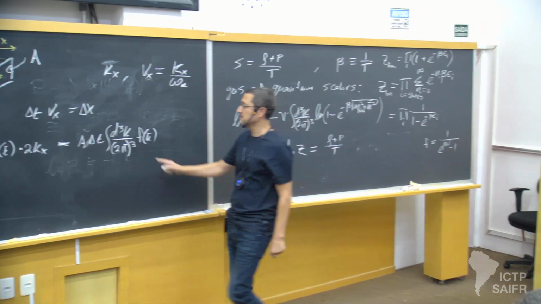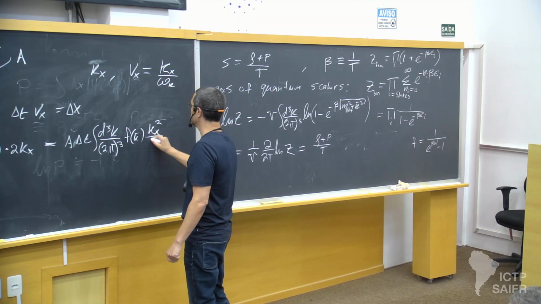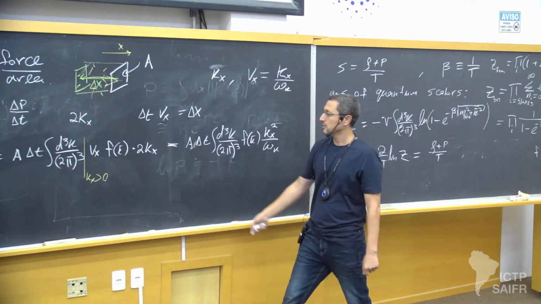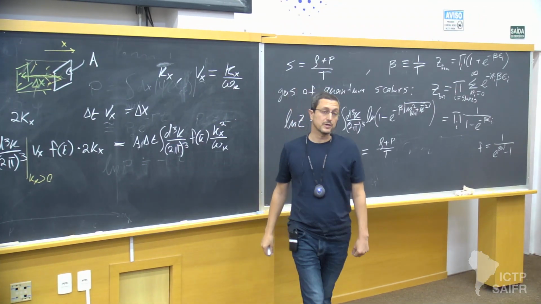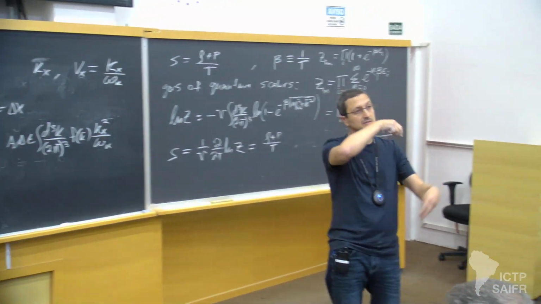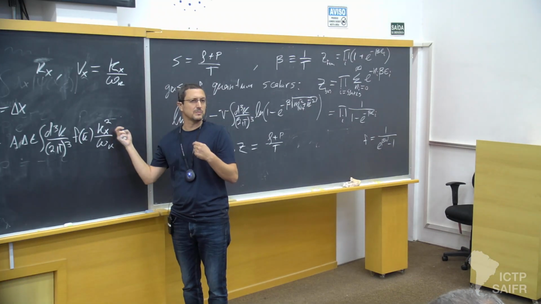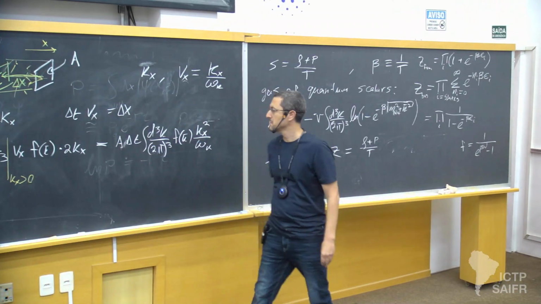This is the velocity. So what I have here is, in fact, kx squared divided by omega k, because I had Vx times kx. I dropped the factor of 2, and I dropped my restriction, and that's what I got. But our gas is isotropic and homogeneous. And so this is a sum only on the x component, because in my imaginary box, I consider the side on the x side.